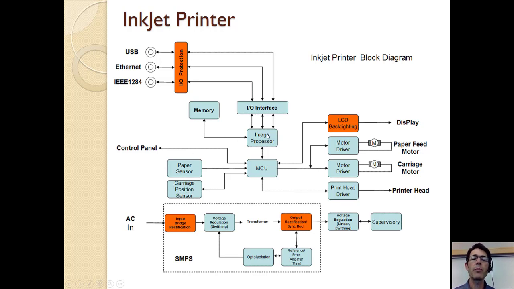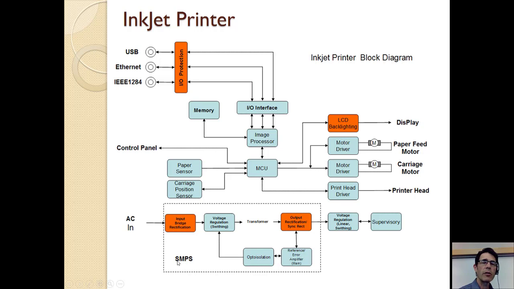There's also some image processing. Usually these systems have a little touch screen for the user to operate the system. And then some different connections, Ethernet connection, USB for connecting to your computer. And then down here is simply a power supply. It's SMPS. You're going to be talking about this later in the course.